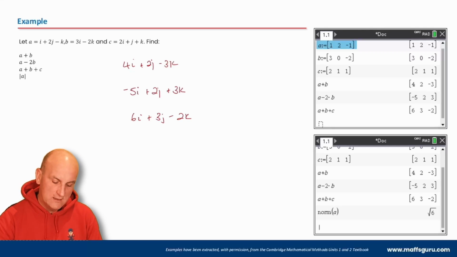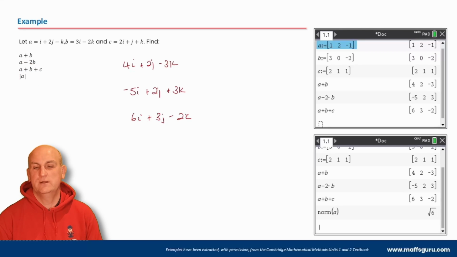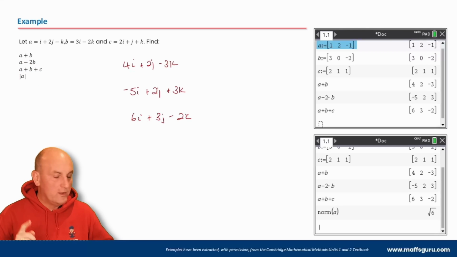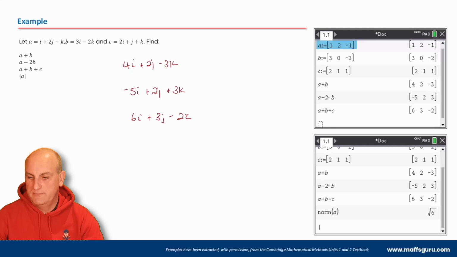Now, this one here, the modulus of A, is not a case of just putting it into the calculator. Although I say that, I'm actually going to try something on my calculator because I'm never really sure whether it's going to work. If you look on the screenshot here, to find the modulus, you type norm. It's the norm function, which I never remember. But I noticed I have that function there.